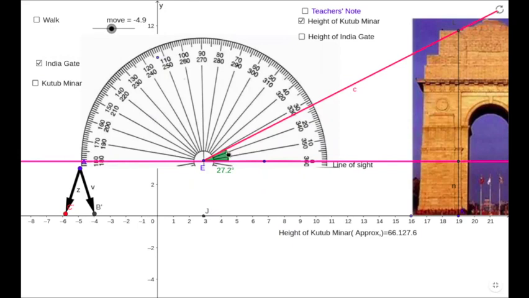This is the angle you are now making. This is called the line of sight, and this is called... okay, how to find out the height?